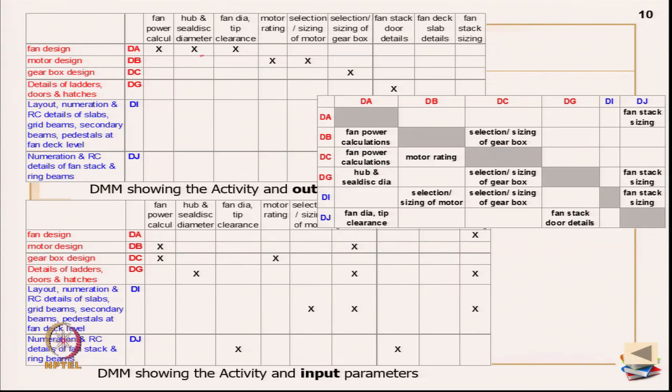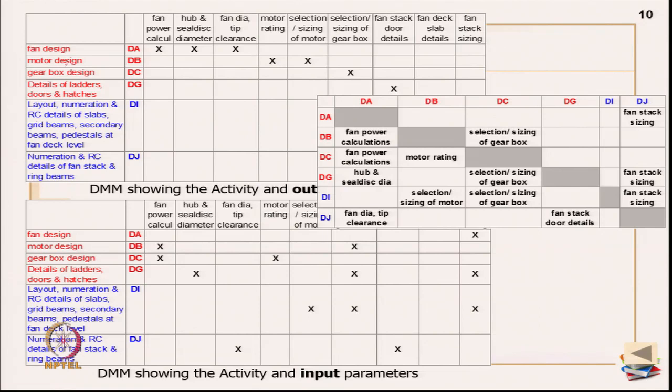Now, DA also releases hub and seal disc diameter, which is required for DG, which is the details of ladders, doors and hatches. In the same way, DA to DG, hub and seal disc diameter is the parameter traversing from DA to DG.